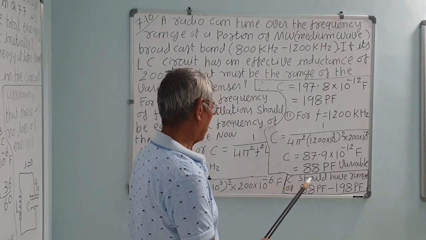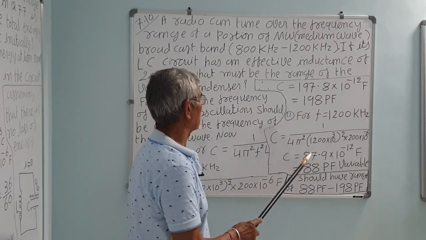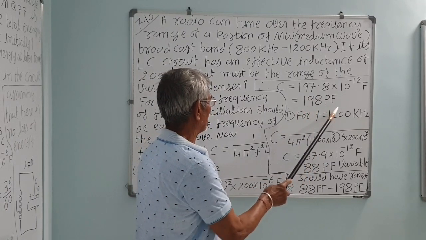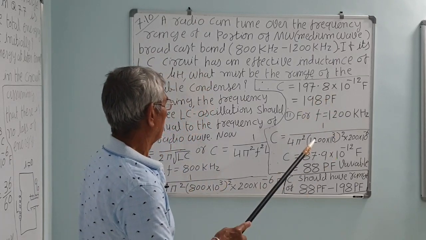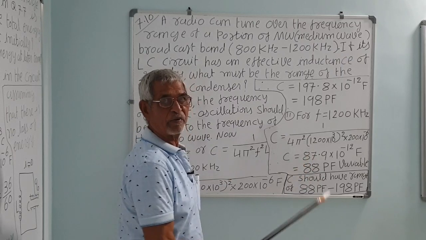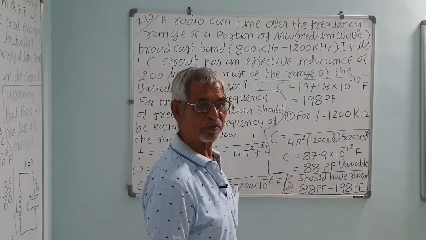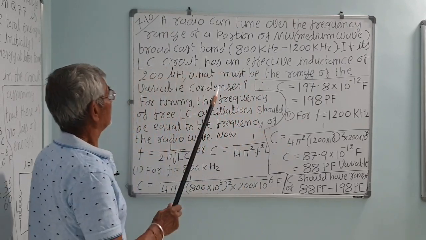The C should have the range between these two. The variable capacitor is 198 picofarad for 800 kilohertz, and 88 picofarad for 1200 kilohertz. Remember that if frequency is more, the C will be less.